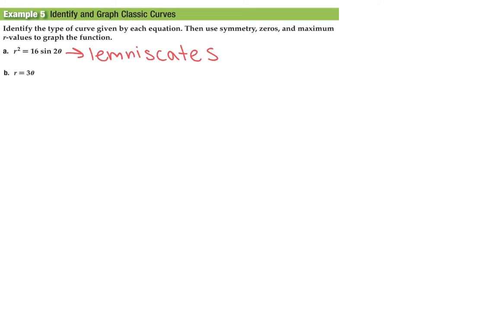So when you square it, it's going to give you symmetry with respect to the pole. You can see in the two examples that the sine one will always give you symmetry with respect to the pole.